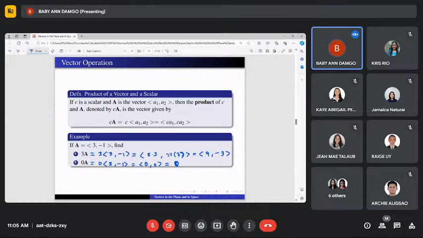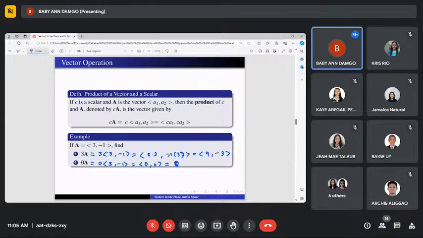And then we have also the existence of the identity. So this one, for example, we have A sub 1 and then A sub 2, plus the zero vector, so this is 0, 0.